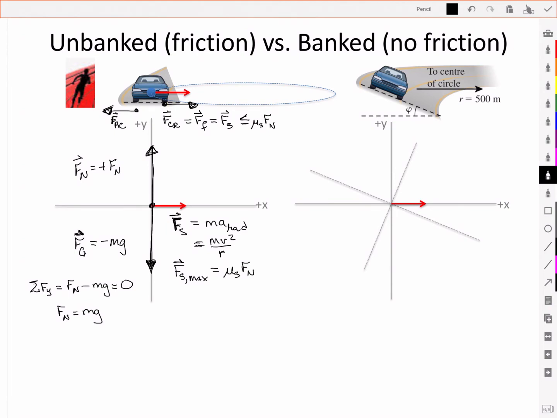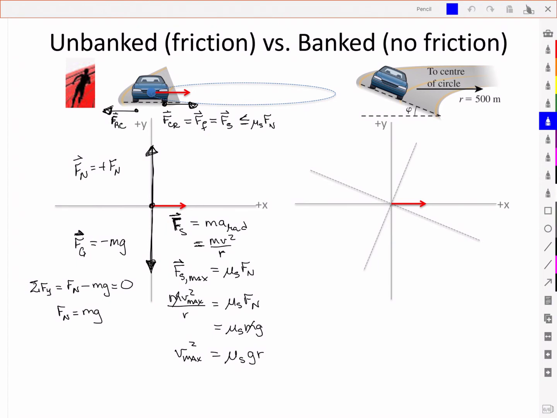So when it's an absolute maximum, if I combine those two now, I've got m v squared over r for my maximum velocity for that radius, and that's given by mu s Fn. And I can substitute in from the right for my normal force, so I've got mu s mg. And you'll notice then that the masses cancel out. The maximum velocity that can be maintained by that static friction is the square root of mu s g r.